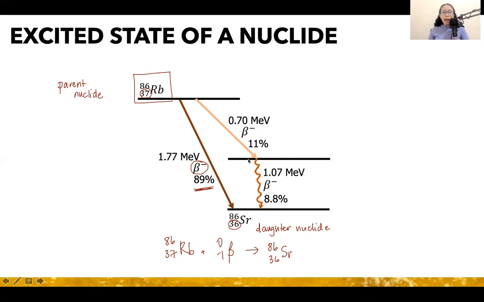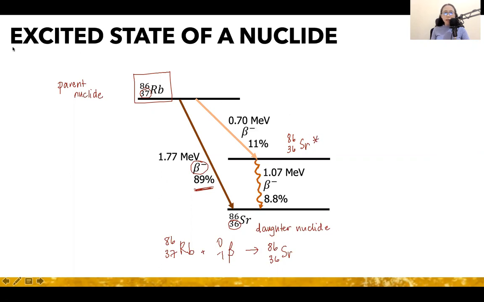Now, after reaching this specific energy level, you see a squiggly line. And when you see a squiggly line, it means that energy is released. So in this second pathway, you are forming the strontium daughter nuclide here. But this strontium daughter nuclide is still in an excited state.